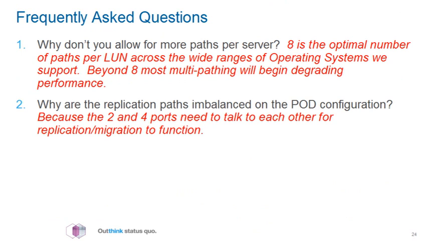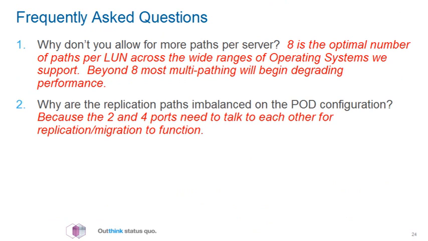That's the optimal number across most of the operating systems that we support. Beyond 8, most multipathing begins to degrade performance. Why? Well, the path selection algorithm is really tuned for 8 or less. And that's fairly common. Not all vendors' multipathing will behave that way, but 9 out of 10 will.